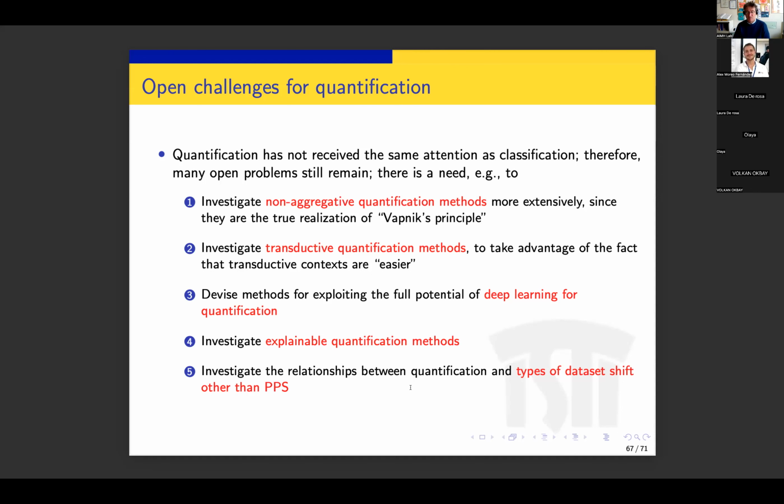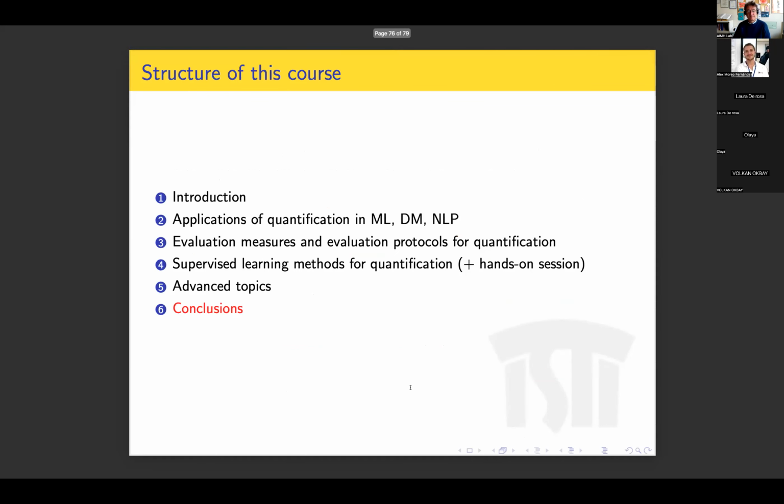So that's prior probability shift, but there is also covariate shift, there is concept shift. More research on quantification and on its robustness to these other types of shift is needed.